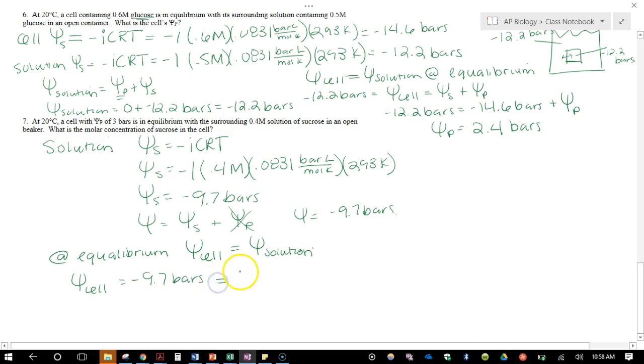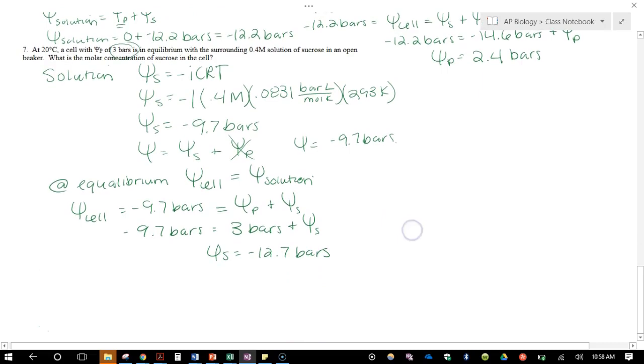Remember that this is going to equal the pressure potential plus the solute potential. We know the pressure potential is 3 bars. What we need to figure out is the solute potential, which, if we do the math, is going to equal negative 12.7 bars.